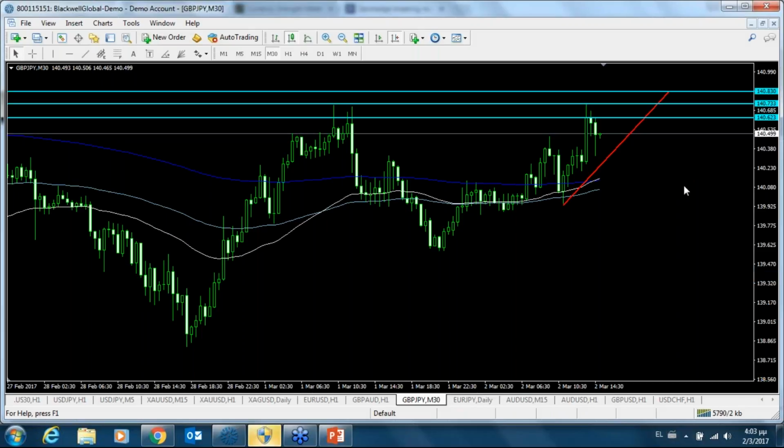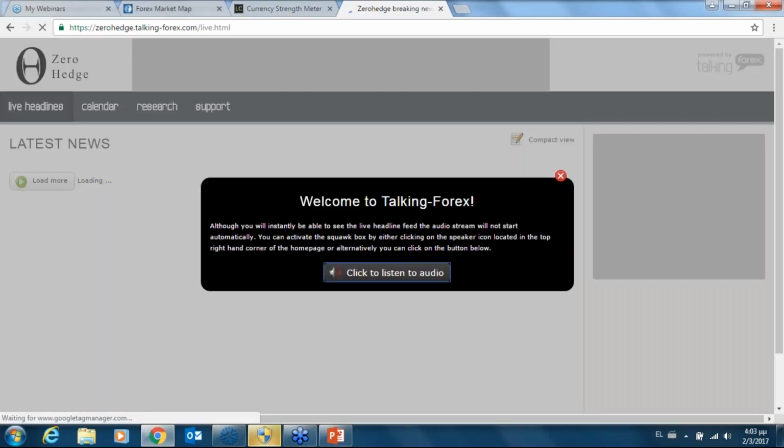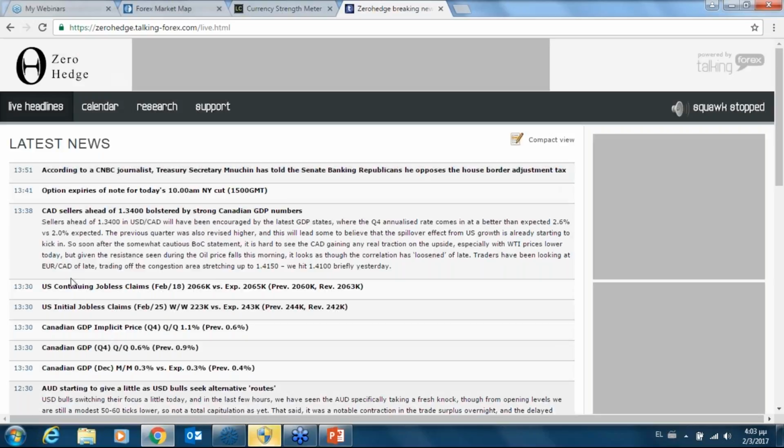All right, so hopefully this is clear, because as we went on to here, for example, you've got CAD sellers. This news just came up, if I'm not mistaken. Let's just click F5 to refresh. Here itself, it's looking at sellers for CAD ahead of 134.00.